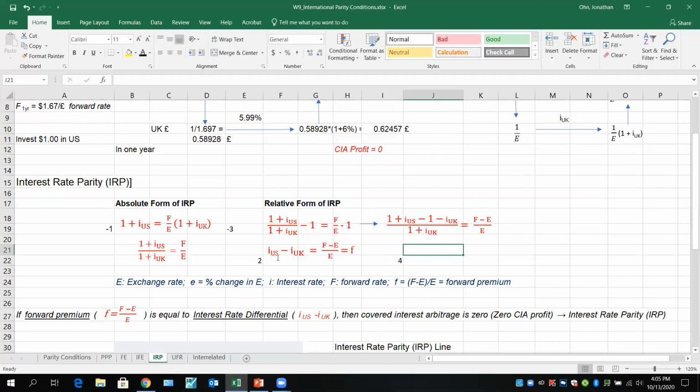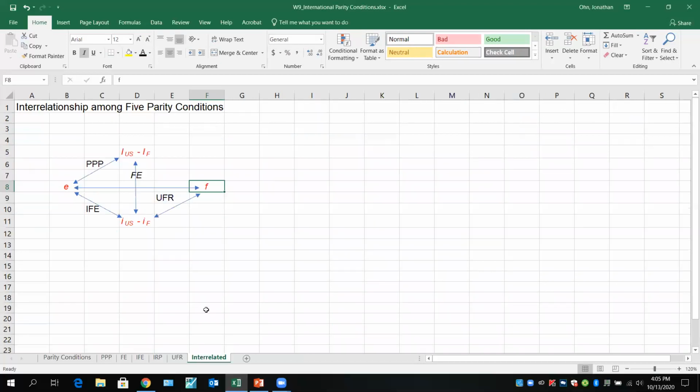So what connects the forward premium and the relative interest rate, these two? This one is the interest rate parity. You see that? Okay. These 5 components explain all the interrelated relationships here.